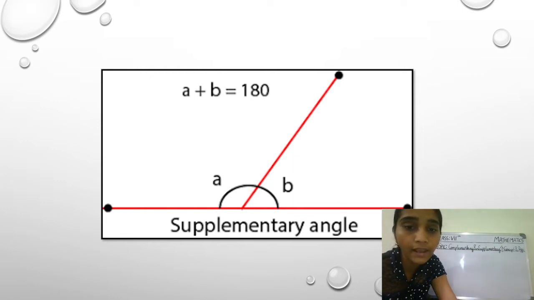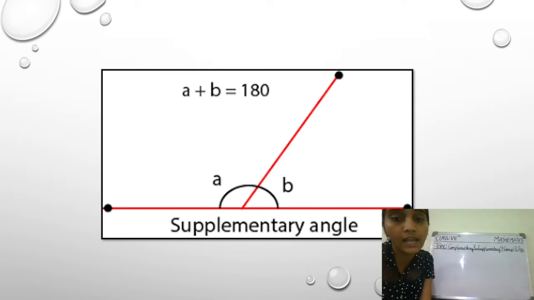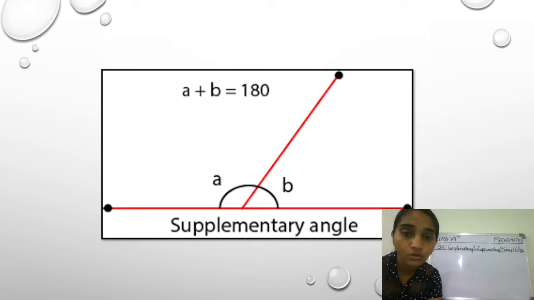So students, if I ask you to define supplementary angles in your own words, how will you define supplementary angle? Very good. If two angles are said to be supplementary, it means that the sum of those two angles is equal to 180 degree.